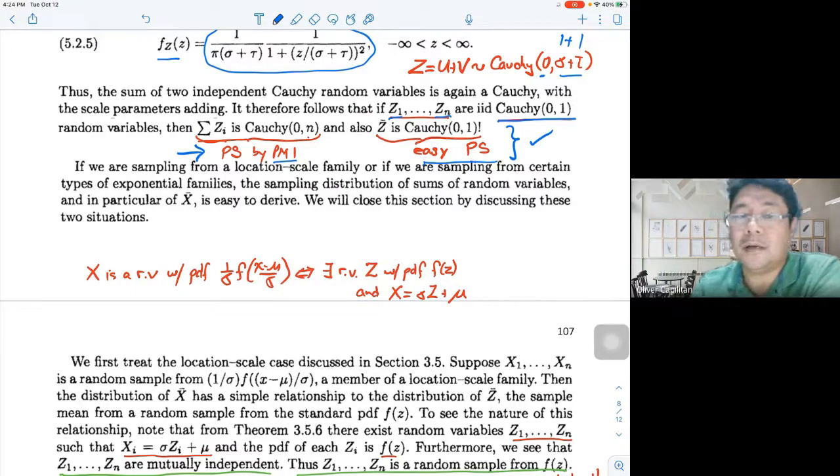So now, say for example, we are sampling from a location scale family, and after that, we are sampling from an exponential family.